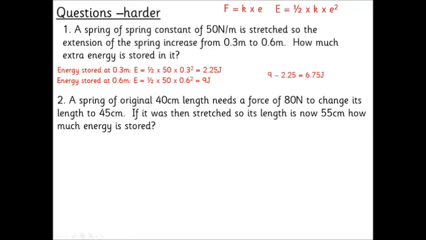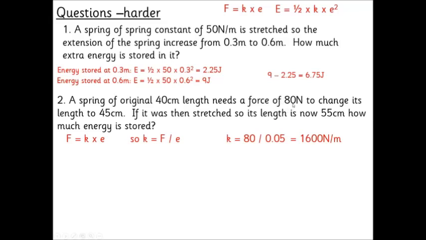And then finally, a spring of original length 40 centimeters needs a force of 80 newtons to change its length to 45 centimeters. If it was then stretched so its length is now 55, how much energy is stored? Again, you might notice we haven't got the spring constant, so we've got to work it out. Force is spring constant times extension, rearranged: spring constant is force divided by extension.